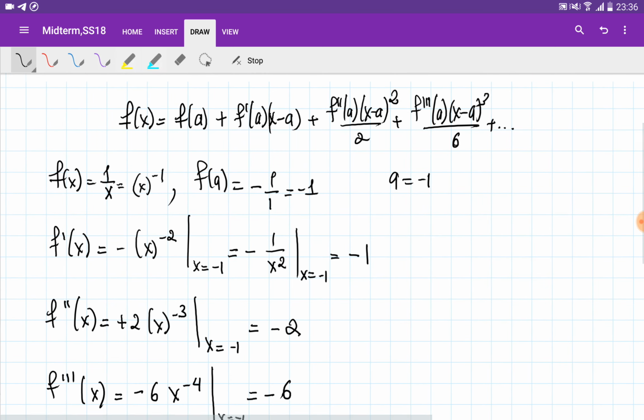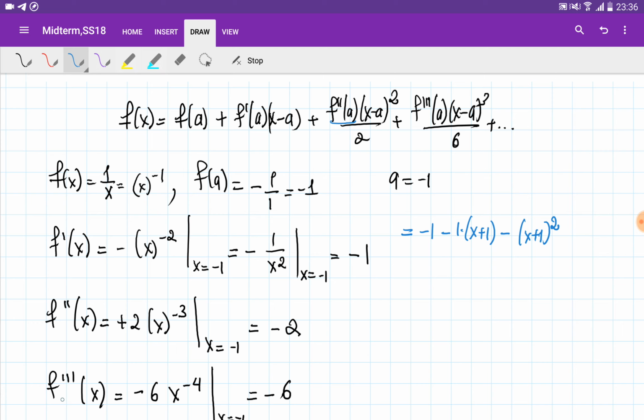Okay, so now we just need to substitute all of them into the series, right? So the first term is minus 1. The second term is, again, minus 1 multiplied by x plus 1, right? So this term here is equal to minus 2 divided by 2. It's again going to be minus 1 multiplied by x plus 1 squared, right?